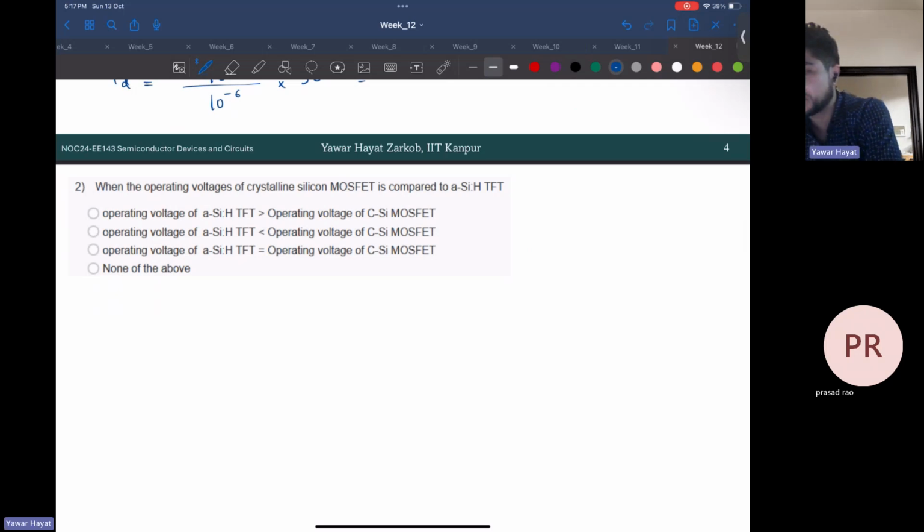So when the operating voltage of your crystalline silicon MOSFET is compared to the amorphous silicon TFT, what is the comparison sign? Is it greater than, less than, equal to?